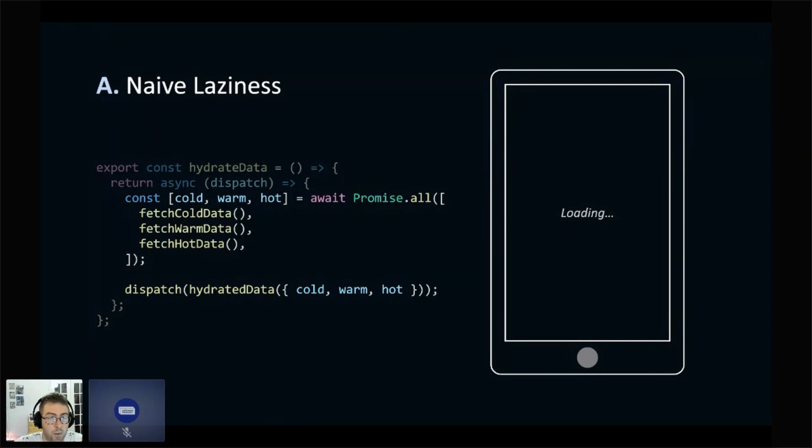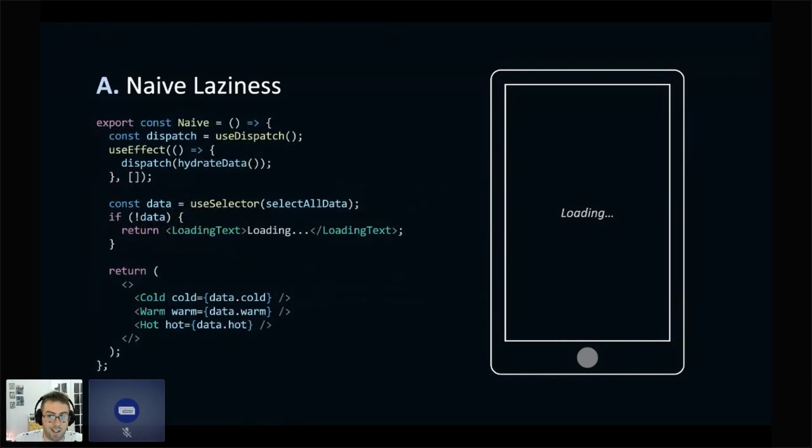Once those complete, we then dispatch an action, let's say hydrated data in this case, that contains all of them. I'm not going to show that action in the slides, as I'd like to not have to go through the full Redux pipeline, but we can assume that what it does is take in some data and then store that data in the application state. This is a fairly typical approach you might see in a lot of Redux-based applications or other Flux implementations.